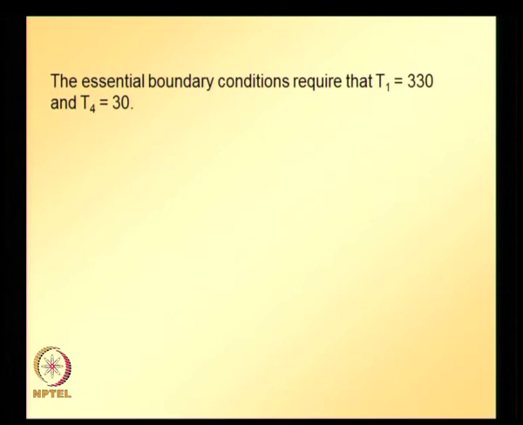Essential boundary conditions require that T1 is equal to 330 degrees centigrade and T4 is equal to 30 degrees centigrade.